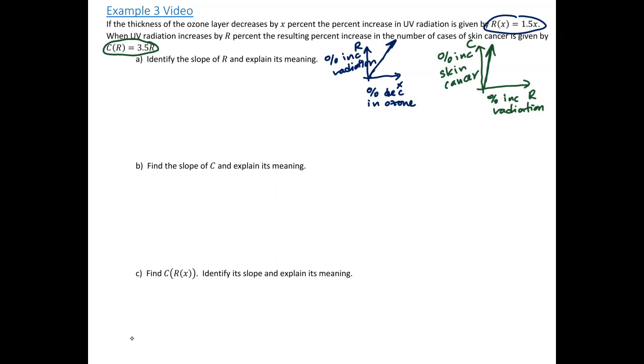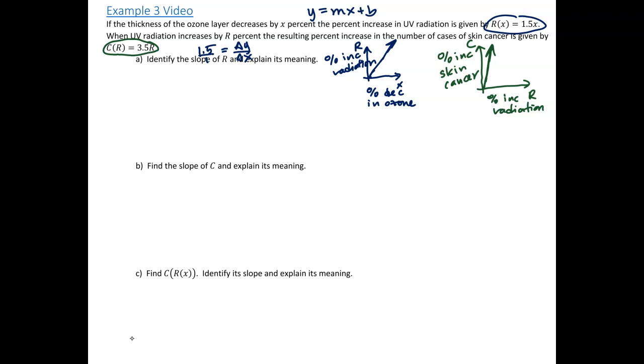So the slope of r and its meaning, to get back to the question that we were working on, the slope is 1.5. So I'm just thinking back to y equals mx plus b and snagging that 1.5 as attached to the x. So the slope is 1.5. And what that means, that's equal to change in y over change in x. It means every time your x value increases by 1, your y value will increase by 1.5.